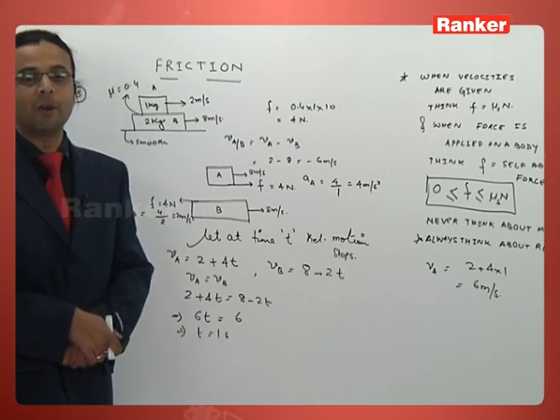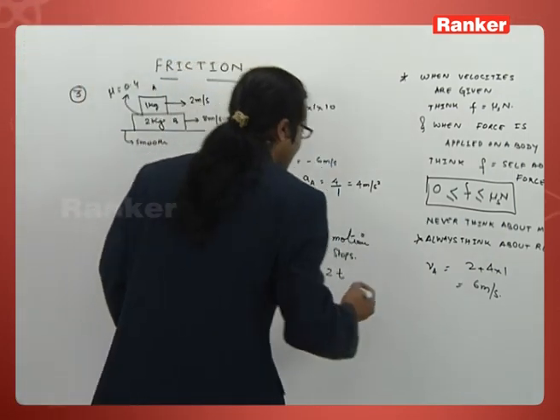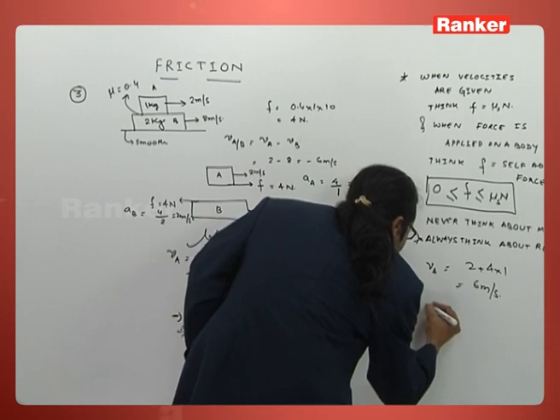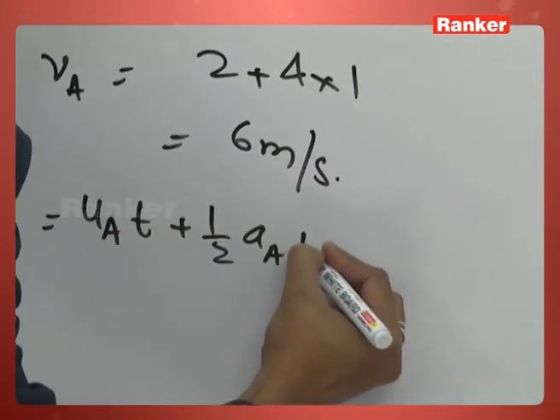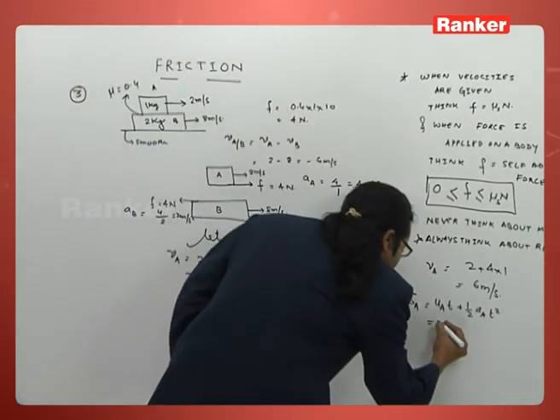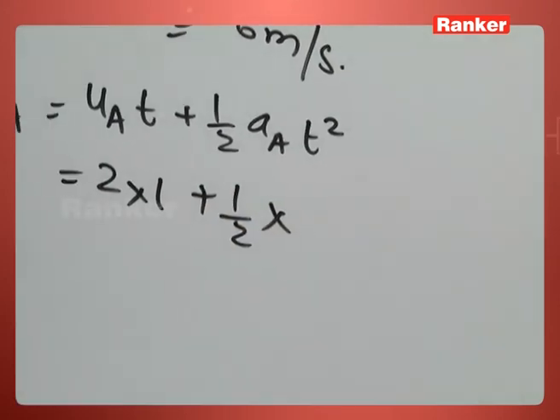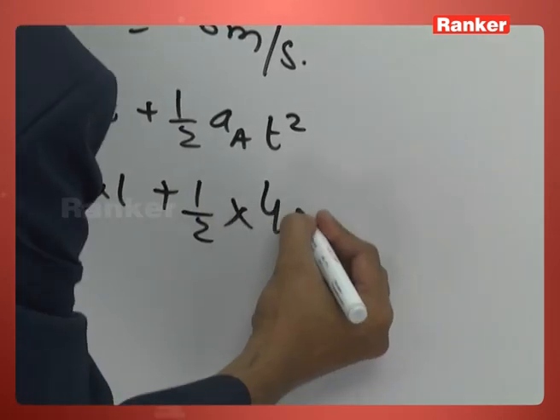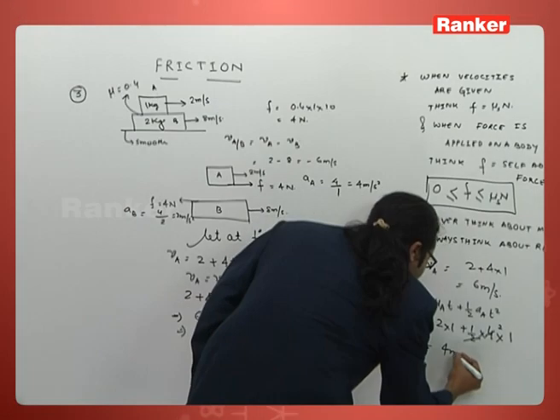Displacement of the 1 kg block up to that instant. So displacement of the 1 kg block, I am asking about A, is UA into t plus half aA into t square. So initial velocity is 2 into 1 plus half into acceleration of A, which is 4, into t square which is 1. So this is 2 plus 2, which is 4 meter.